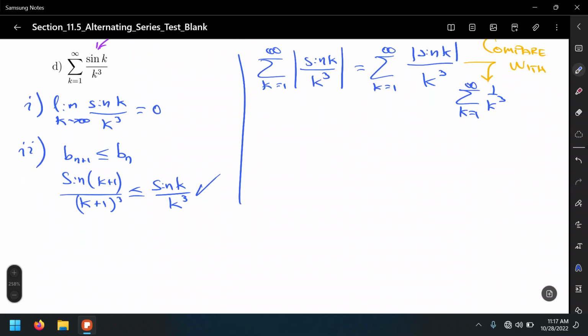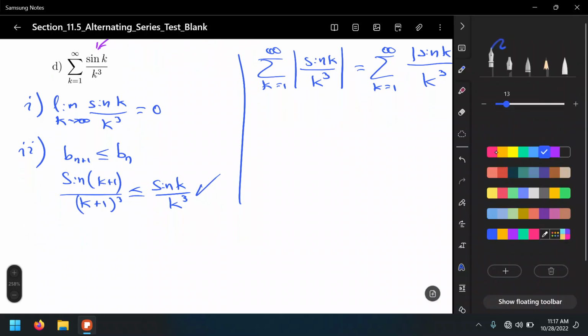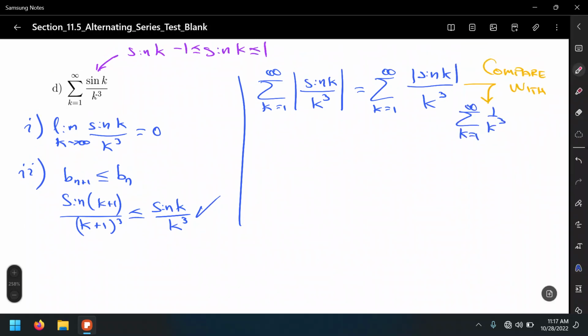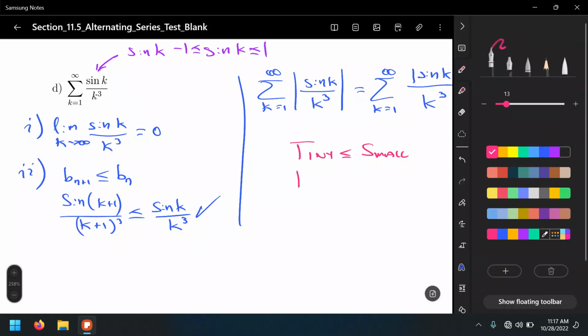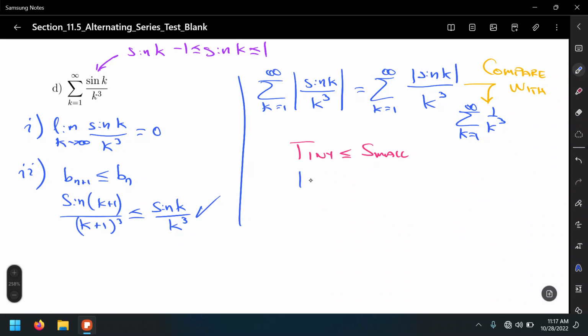So that means that when we do the direct comparison test, we need to show that tiny is less than or equal to small. All right? So in this case, is the absolute value of sine k over k cubed less than or equal to 1 over k cubed? This is definitely true. I mean, you can omit the k cubed in the denominator.